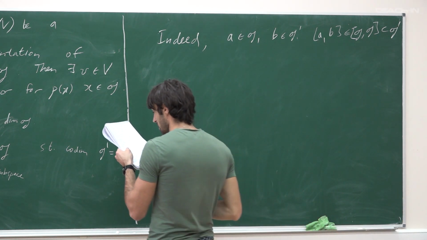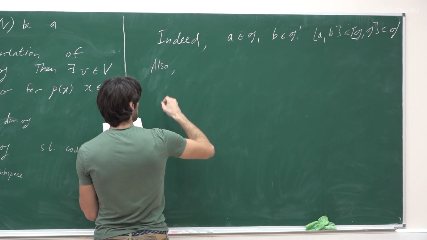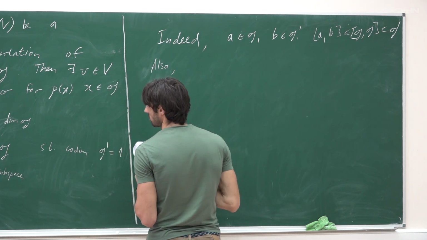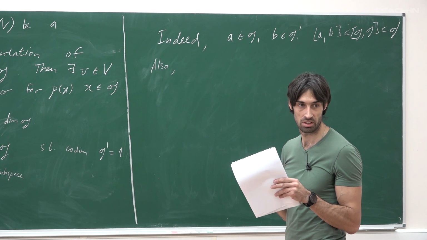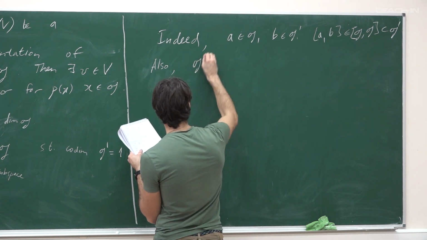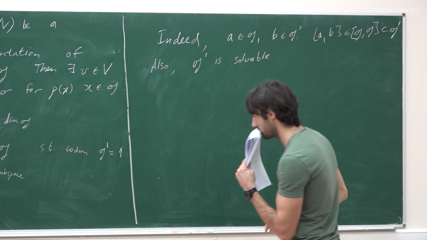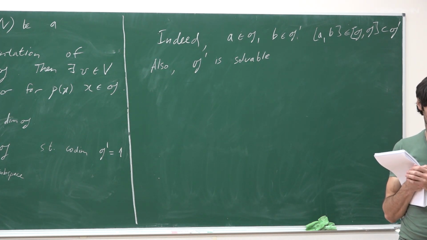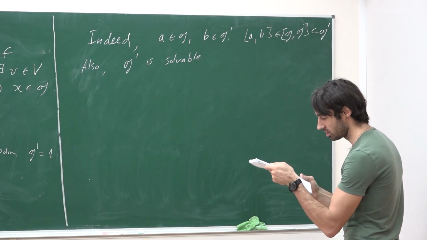So it's an ideal. Moreover, it's solvable. G is solvable, G prime is an ideal, and so G prime is also solvable. So we figured that an ideal of a solvable Lie algebra is solvable.